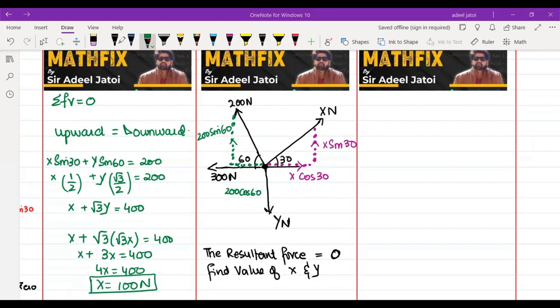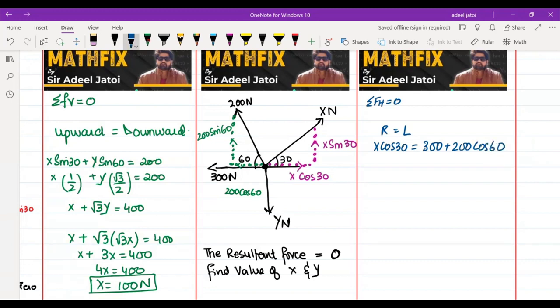Let's say we have summation of force horizontal that is equal to 0, since it is at equilibrium state. So right minus left, right is equal to left. So right is x cos 30, where left can be 300 plus 200 cos 60.